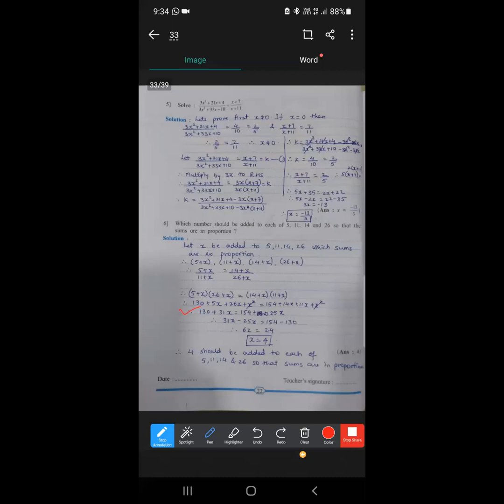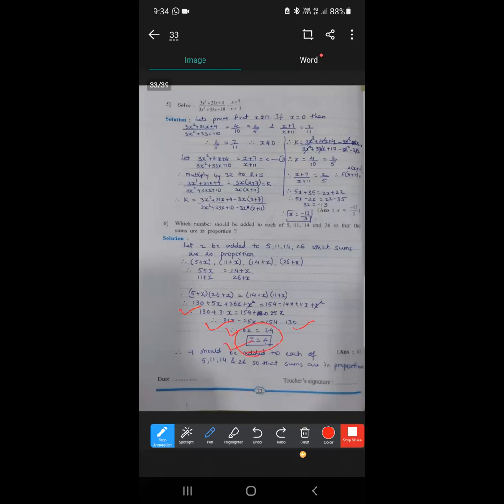After multiplying, bring all the variable terms on one side and the numerical terms on the other side. You will get an equation in one variable, 6x is equal to 24, so therefore x is equal to 4.